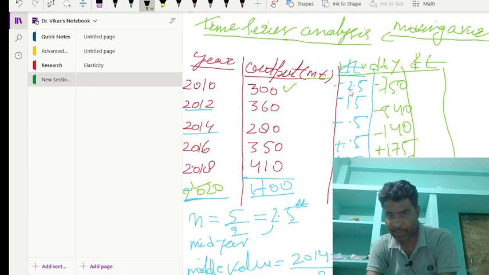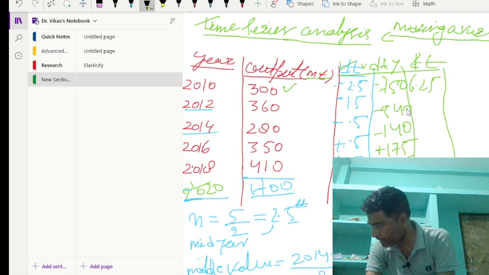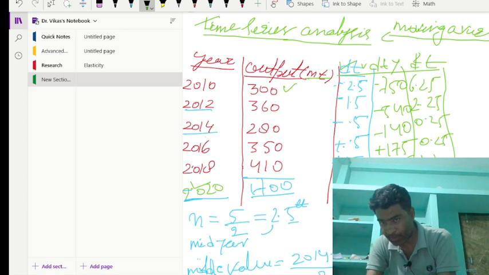After multiplying all dt's values with the corresponding output value, we will get all these values, and squaring these values, we will get 6.25, 2.25, 0.25, 0.25 and 2.25, because after squaring, all the minus values will convert into positive values.